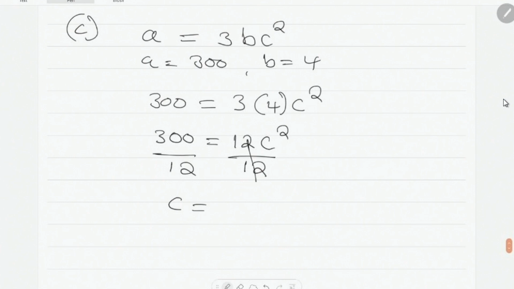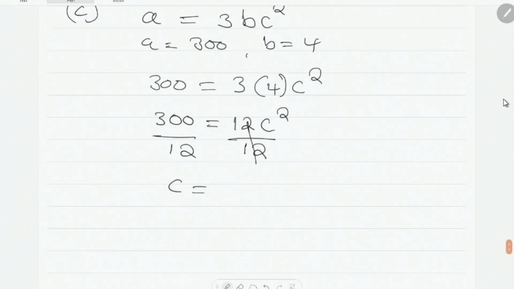Now, dividing 12 into 300, you can simplify it by saying how many times can 12 go into 30.